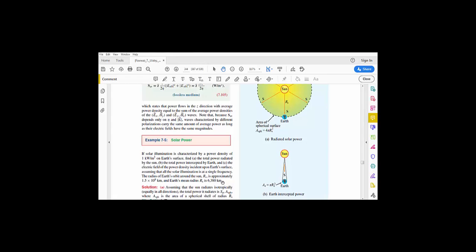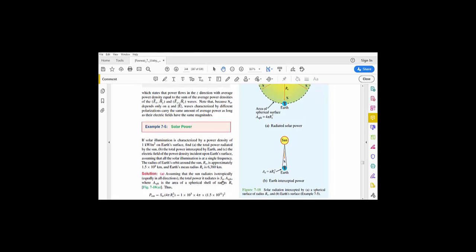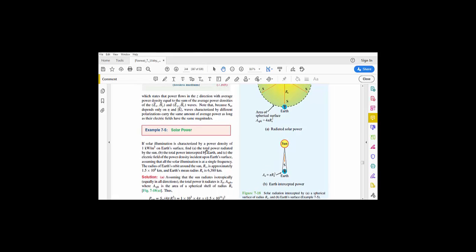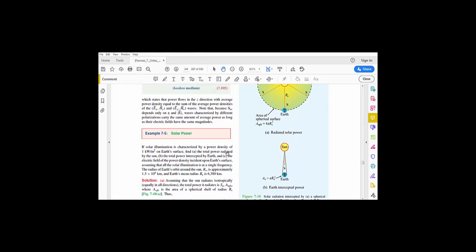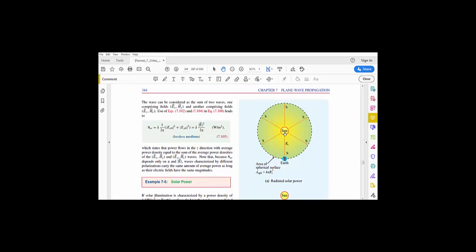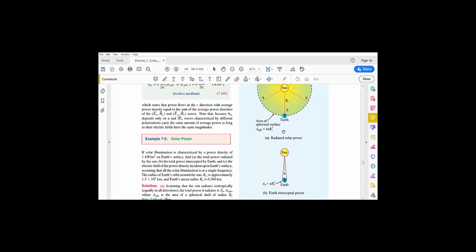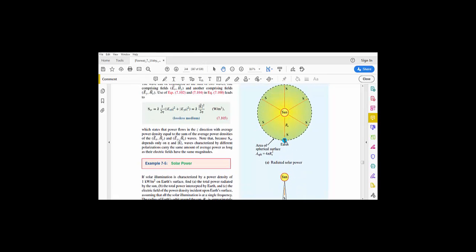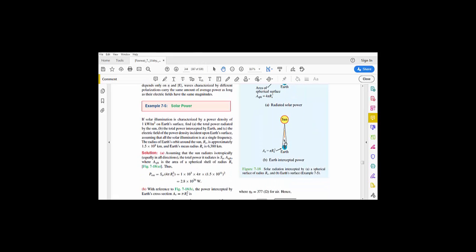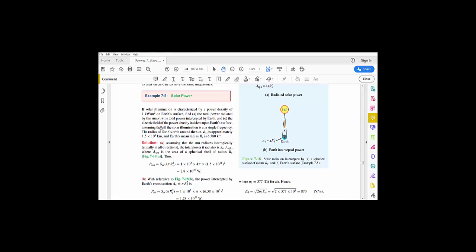First we need to calculate the total power radiated by the sun. Then we need to know the power received by the earth from the sun. And finally we need to calculate the electric field of the power density incident upon the earth's surface.